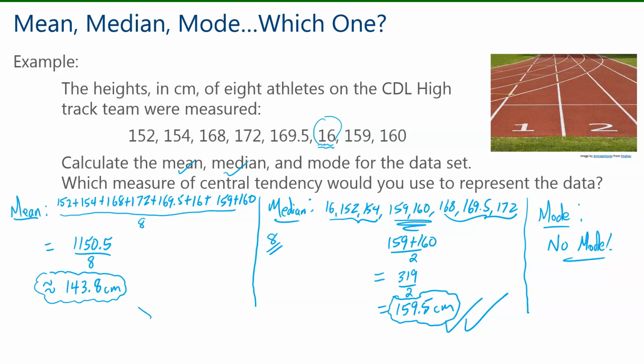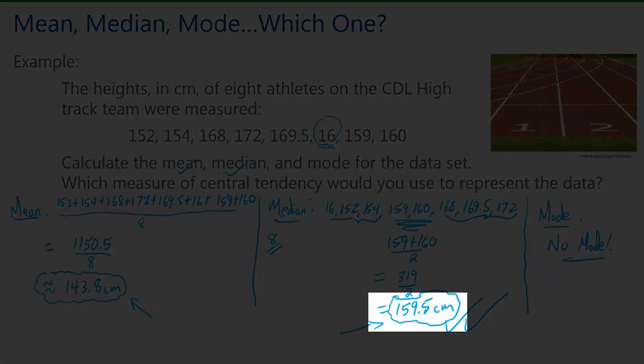We certainly see that here. If our mean calculation is 143.8 centimeters, and we look at our data, that value is very much less than the majority of data values in the list. The 16 centimeters, whether it makes sense or not, if it is included in our calculation, will have a significant impact on the mean value. As a result, the best measure of central tendency to use here would be the median.